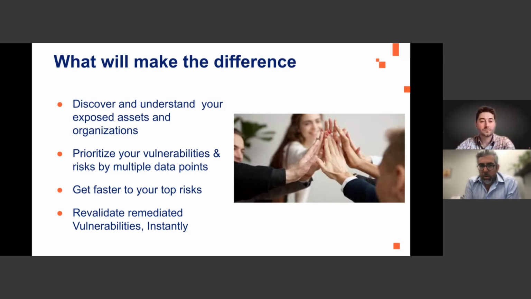The CVSS is one of them, but definitely not the only one. The attacker attractiveness is a very important one. The discoverability, the path of least resistance, of course. The exploit and exploitation tools, threat intelligence, and the continuity. All of them are key factors for the prioritization.